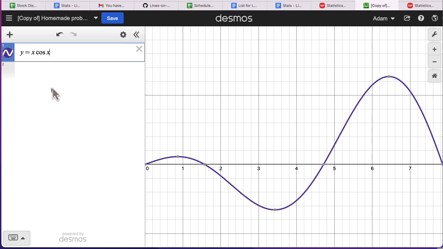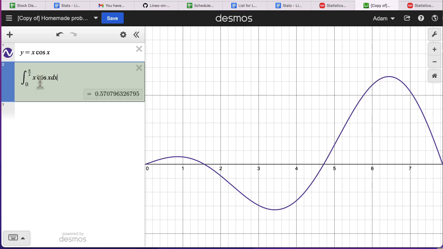And so the way we would do that is we would say int 0 to pi over 2, copy paste, x cos x dx, and then add int 3 pi over 2 to 5 pi over 2, x cos x dx.